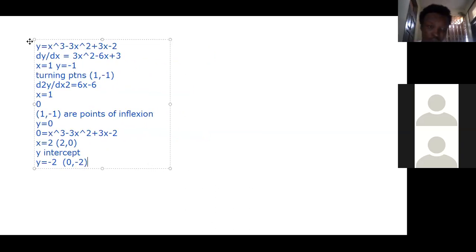So we have this point, the turning point, this point, and this point. Do you agree? So from these points, we can draw our curve.